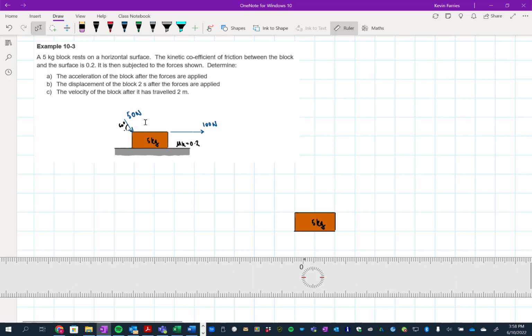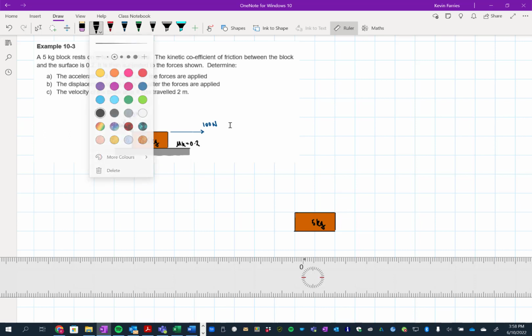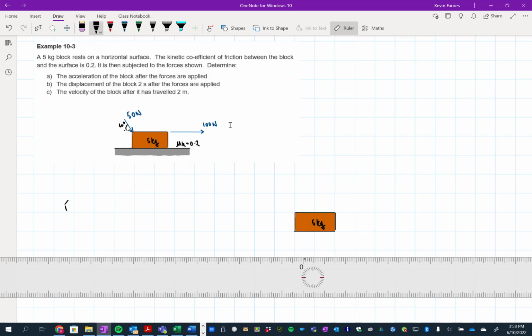And because we're going to work with components, I'm not going to draw on this force. What I'll do is draw on its components. So let's just figure out what those are. The x component, Fx, is just going to be 50 cos 60 degrees, which is equal to 25 newtons, because cos 60 is a half.